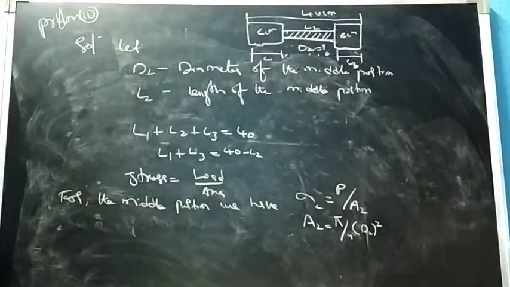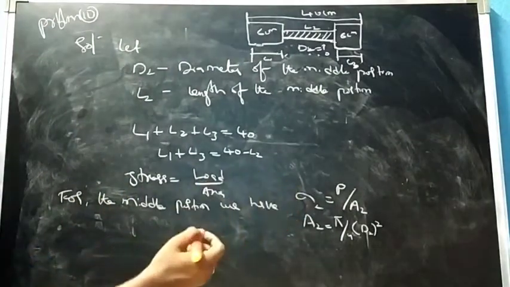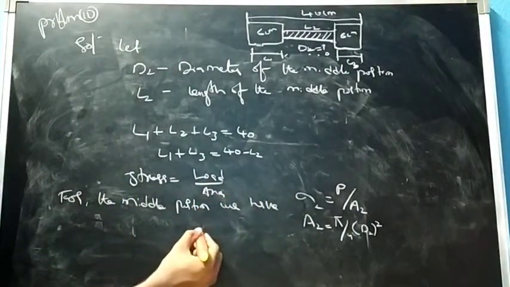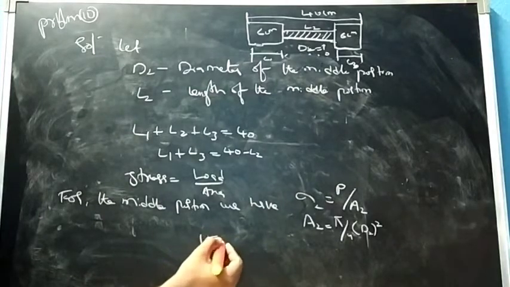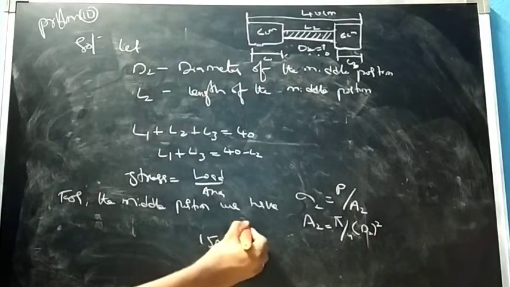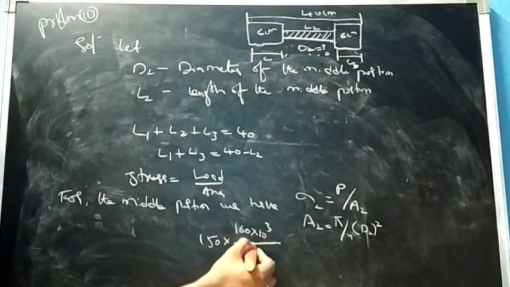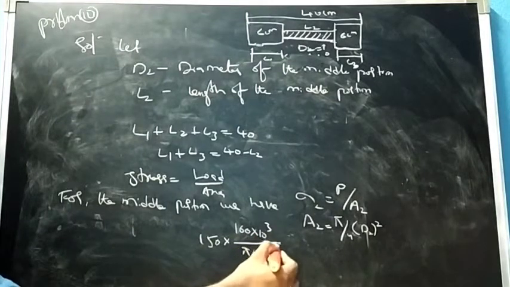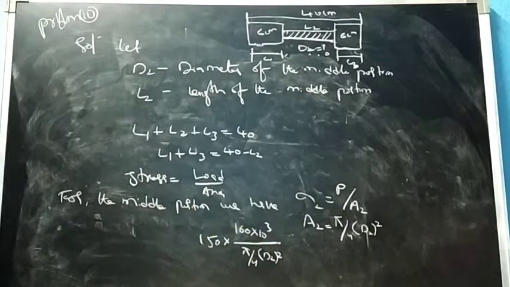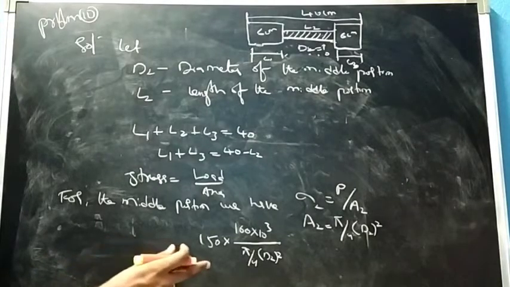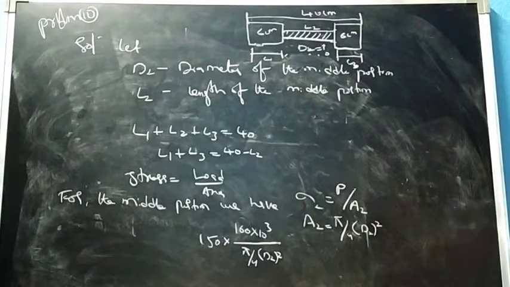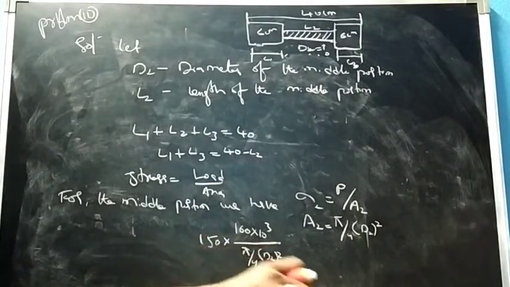So we don't know D2. So let us put this value here. So stress is given 150, right, equals to 160 into 10 to the power of 3 upon pi by 4 D2 square, right? Okay. So to do this, we can find out the diameter.